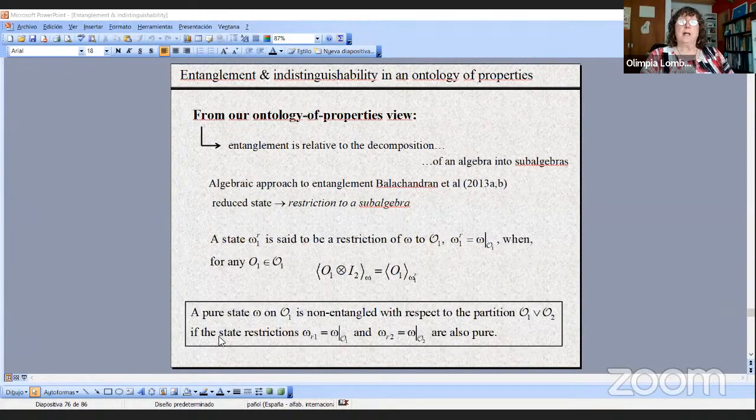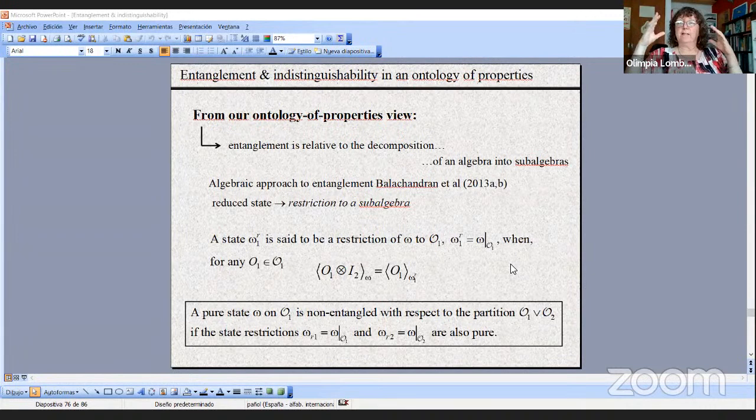So, with this definition, a pure state on a certain algebra is not entangled with respect to a certain partition if the restrictions are also pure.